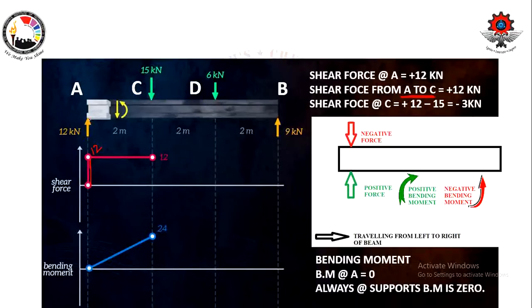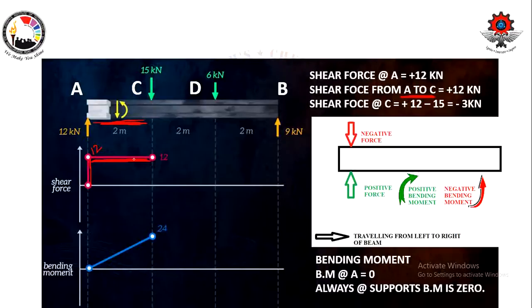Here between point A and point C there is no load. So your shear force is going to be a horizontal straight line of the same magnitude. The 12 is going to remain the same.